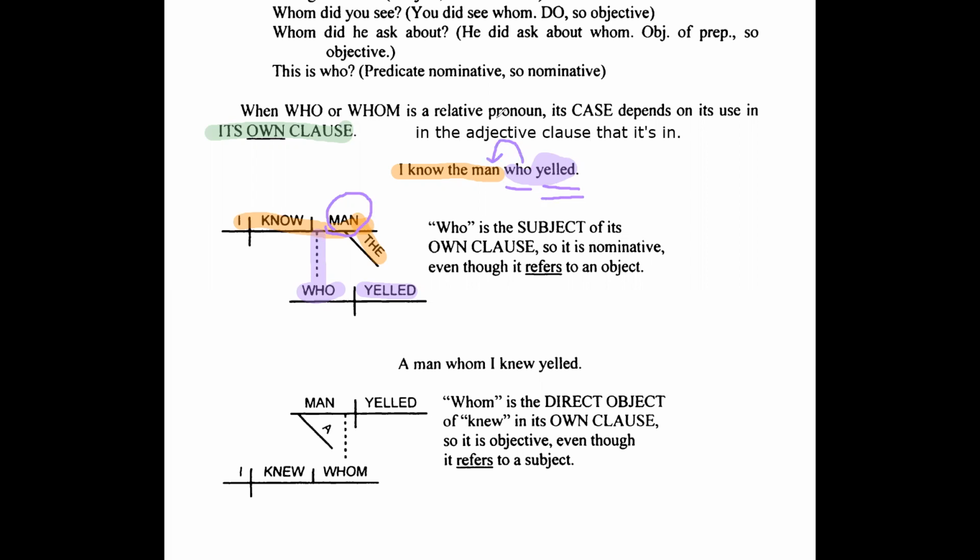Now, I mentioned that man is also in the objective case, and this is just a little side note to keep in mind. If I were to ask you, what case is I in? You could recognize it: that's the form I, it's nominative. But you can also look at it like this: I is a subject, and a subject is always in the nominative case.